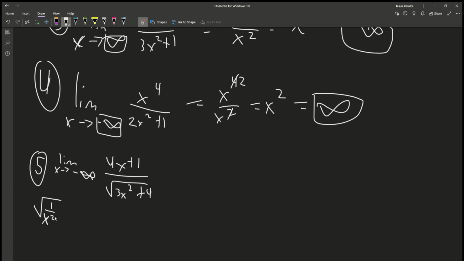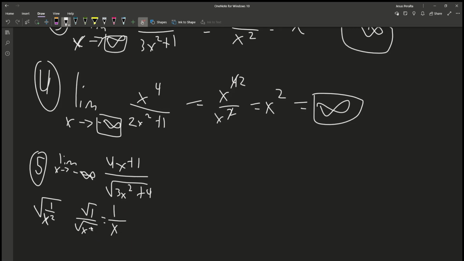So then we ask ourselves, what is the square root of this? Well, we know the square root of 1 is 1, and we know the square root of x squared is equal to x.